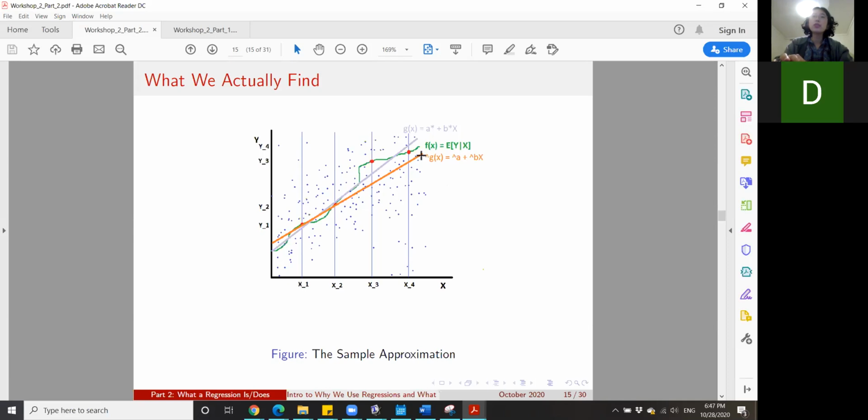That line of best fit is supposed to approximate this line as closely as possible. Now, it is entirely conceivable that you might not have such a great approximation. This might occur if you have a bunch of outliers in your data, or if you don't have that much data. All of those are reasons why you might be concerned about the quality of your sample approximation of the purple line.